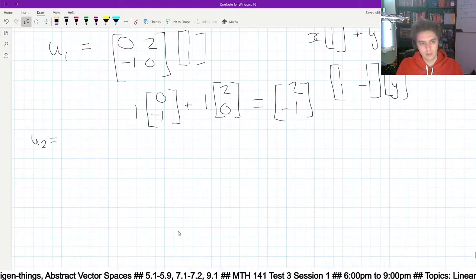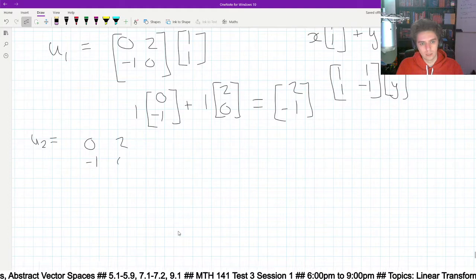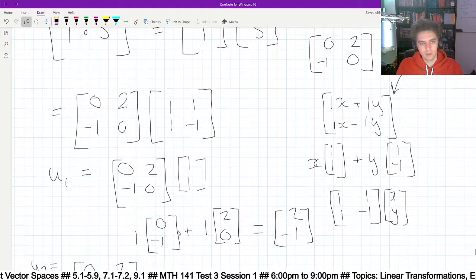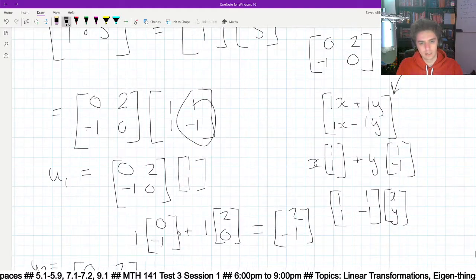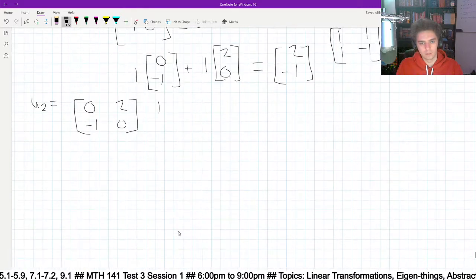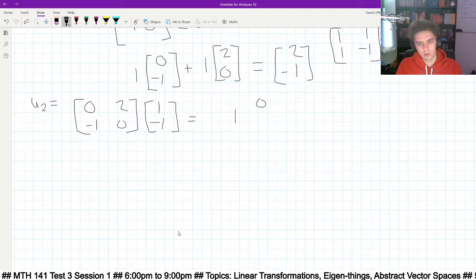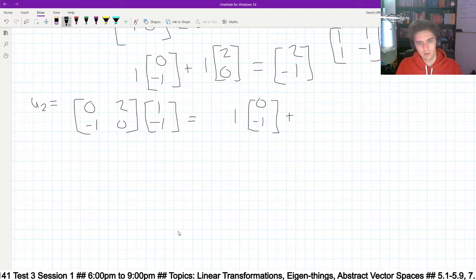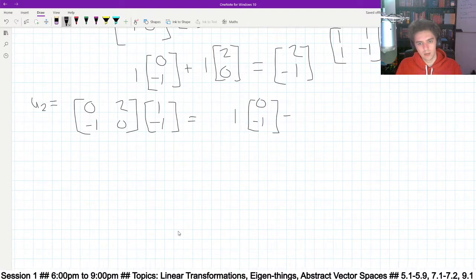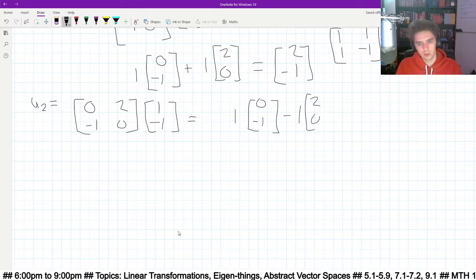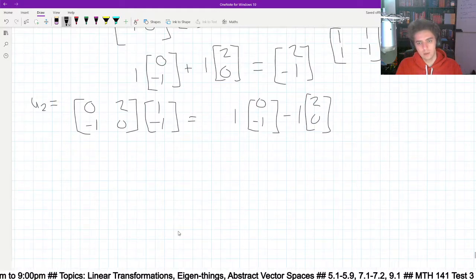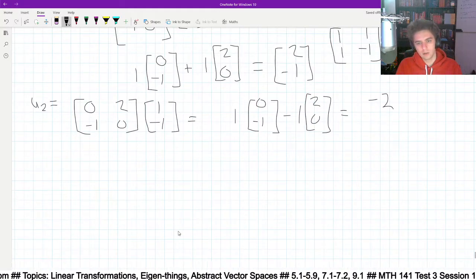And my second column will be 0, 2, -1, 0, this matrix, times the second column, 1, -1. Which is going to be 1 times (0, -1) minus 1 times (2, 0). So 0 minus 2, -1 minus 0.